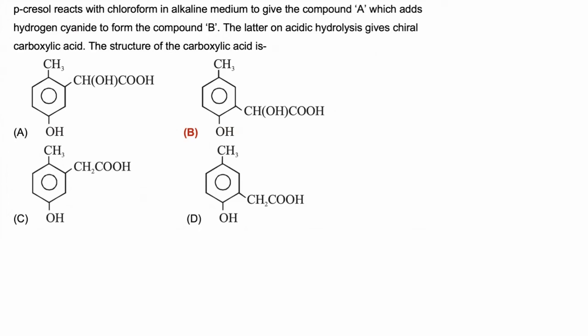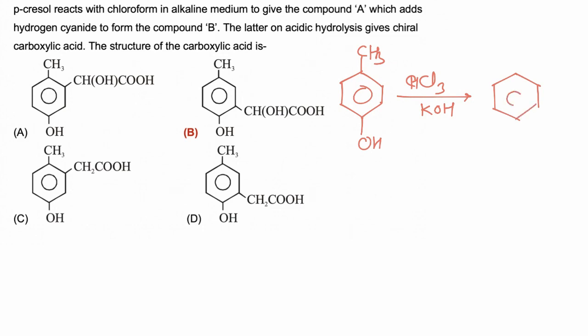In this question, orthocresol, this molecule is orthocresol having both CH3 and OH groups. When this molecule is treated with chloroform CHCl3 and KOH, chloroform in alkaline medium, this molecule will be converted to CH3, OH, CHO.